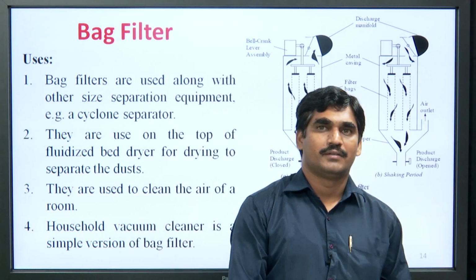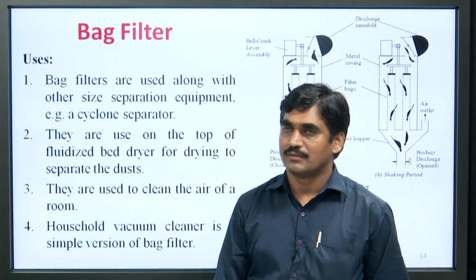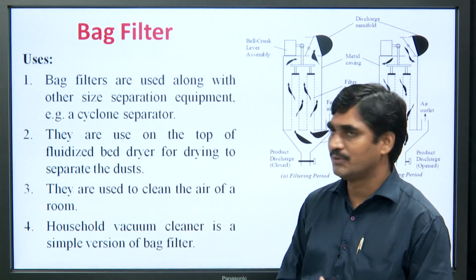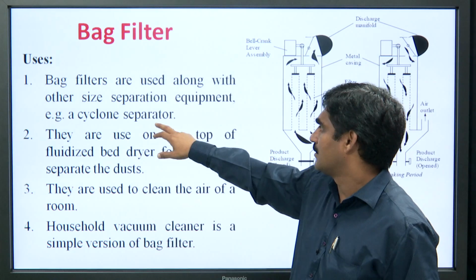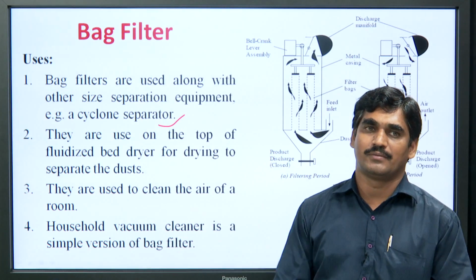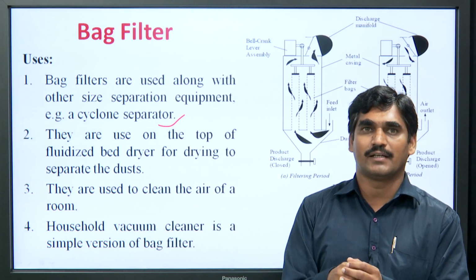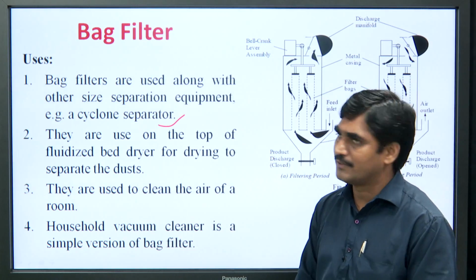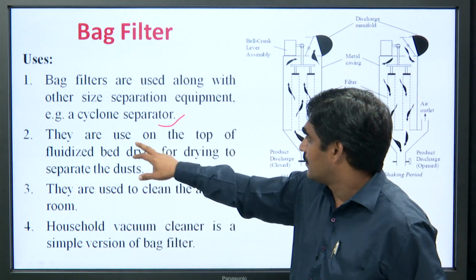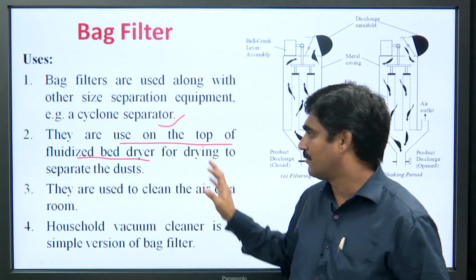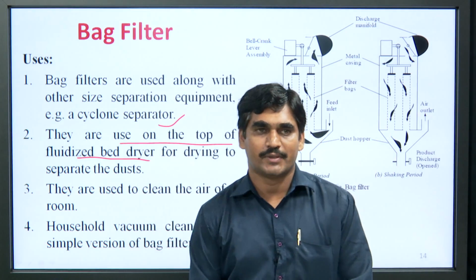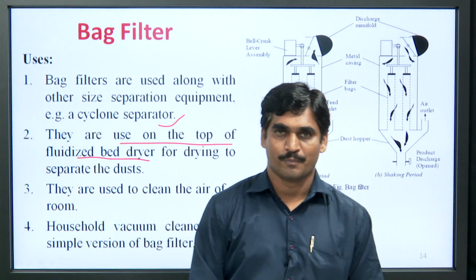Now, different uses of bag filter. Bag filters are used along with other size separation equipment like the cyclone separator, attached to cyclone separators for separation of particles. This can be used on the top of a fluidized bed dryer for drying, to separate the dusts also.